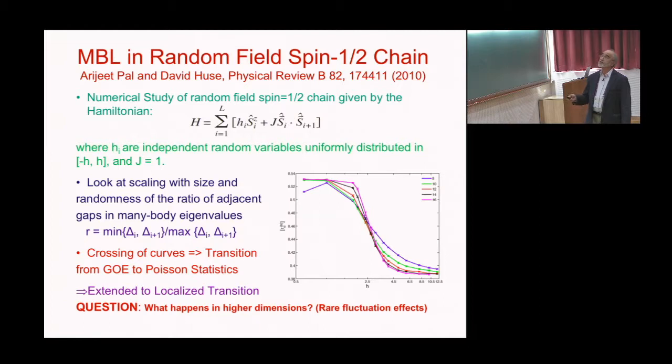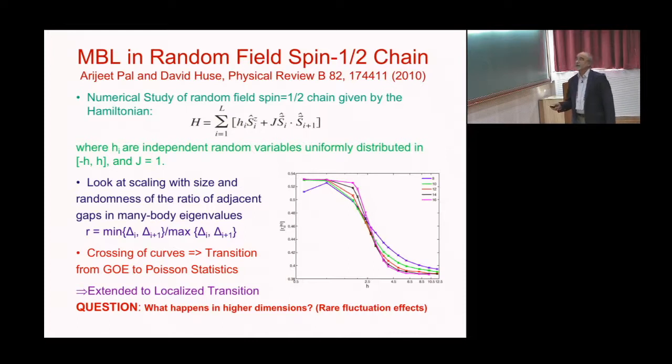I'm showing you data from David Huse and Arijit Pal, his graduate student, from 2010, about 9 years ago. What they studied was the random field spin-half chain in which nearest neighbor spins are coupled by an exchange interaction J, and there is an on-site field at each site, which is a random variable, again uniformly distributed according to the box distribution.